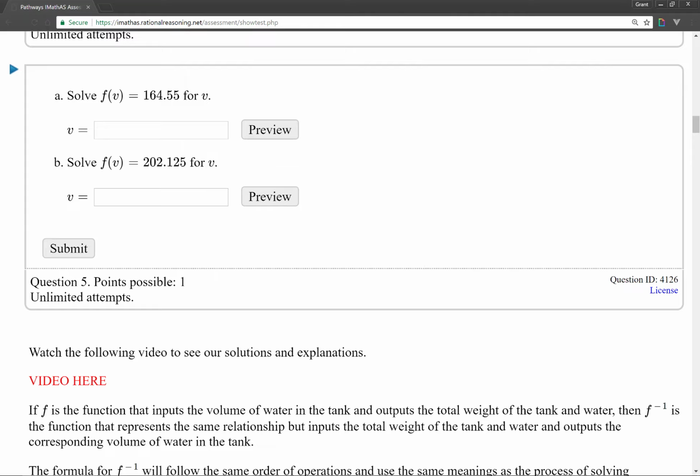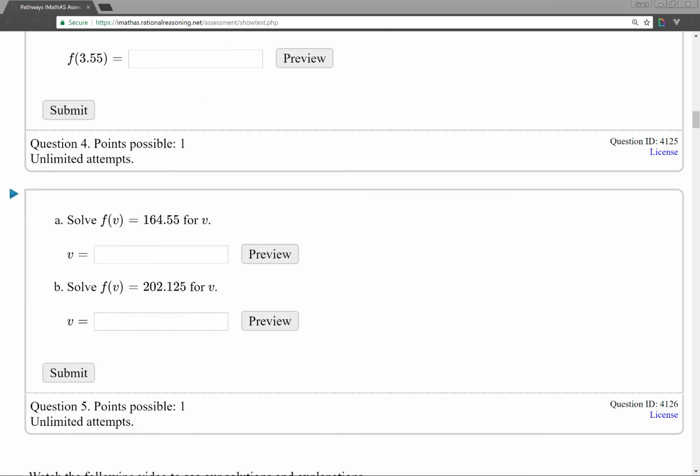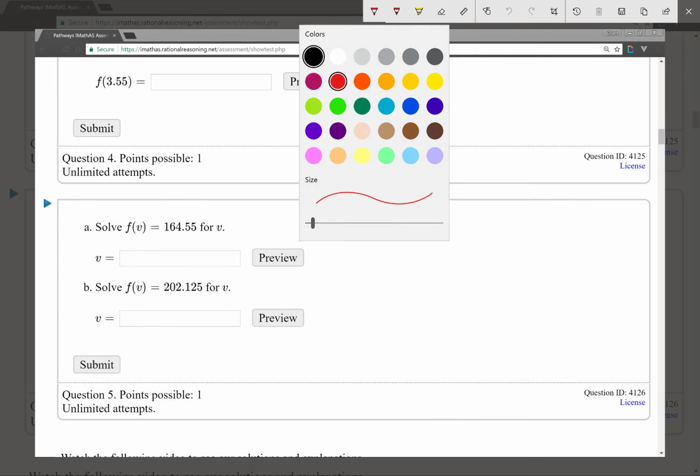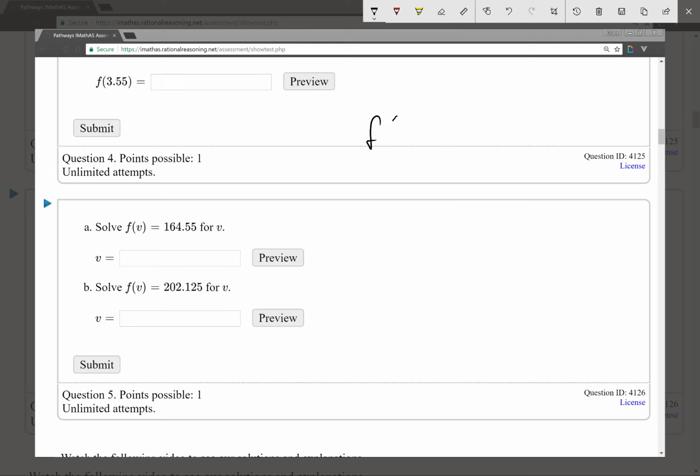Now let's look at the next question. So we'll just write our formula up here. F of v is equal to 8.35 times v plus 22.6. So solve f of v equals 164.55 for v.